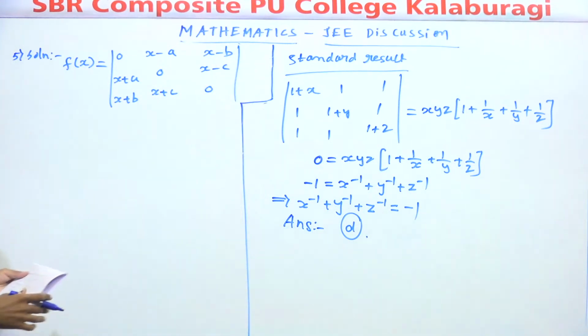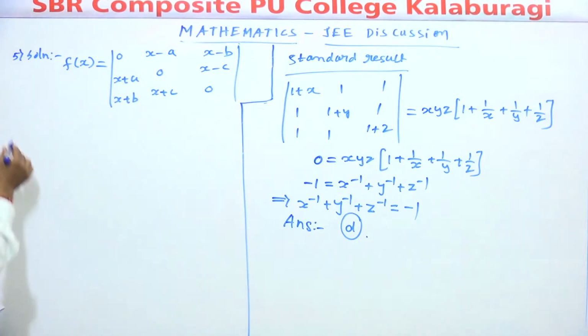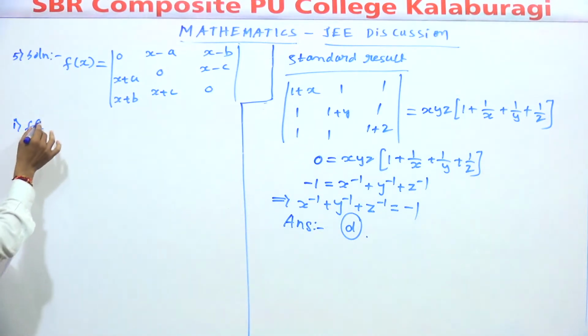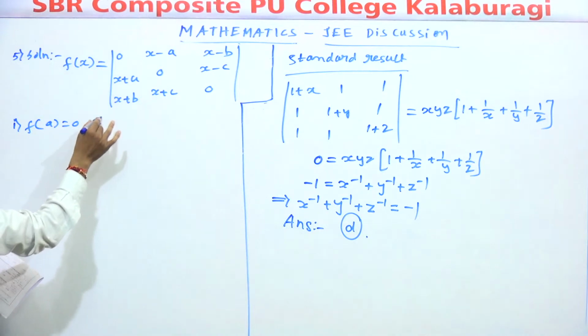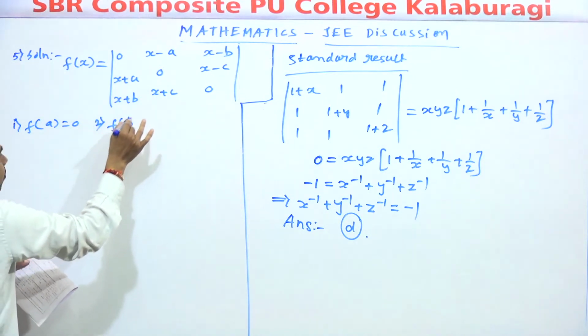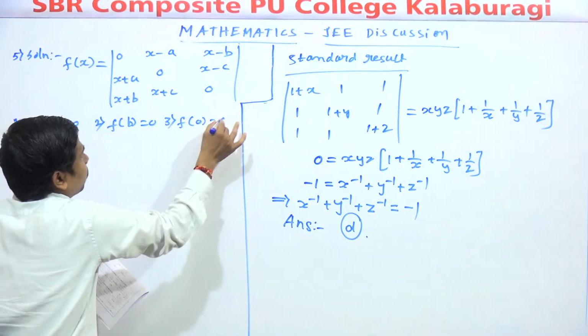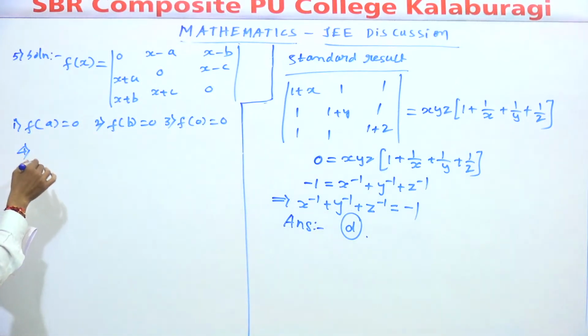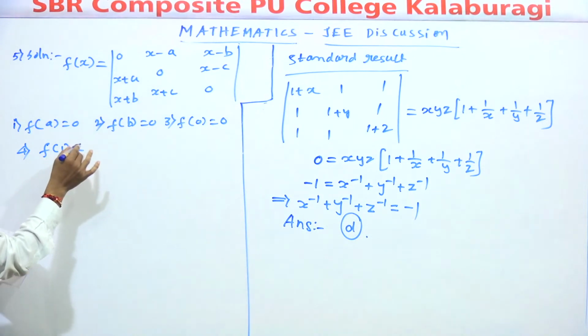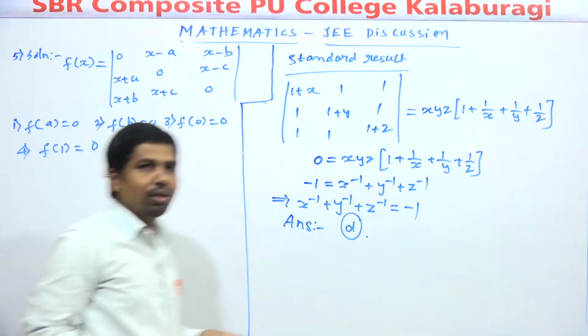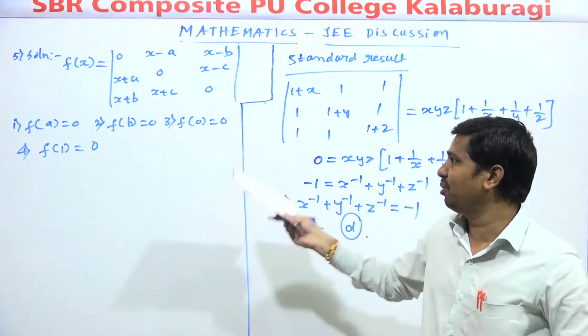Then which option is correct? First option: f of a equal to 0. Second option: f of b equal to 0. Third option: f of 0 equal to 0. Fourth option: f of 1 is equal to 0. This type of example was already in yesterday's class.